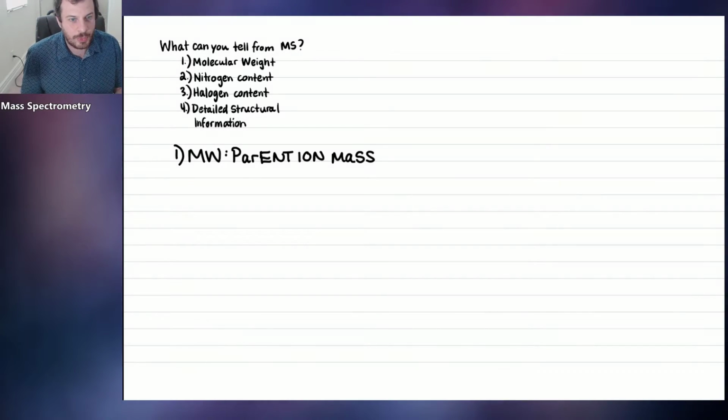Number two, we can figure out the nitrogen content from mass spec. Really, we can find out how many nitrogens are in a molecule just by looking at the mass spec? Yes and no. We can determine if there's an even or odd number of nitrogens. It's something called the nitrogen rule.